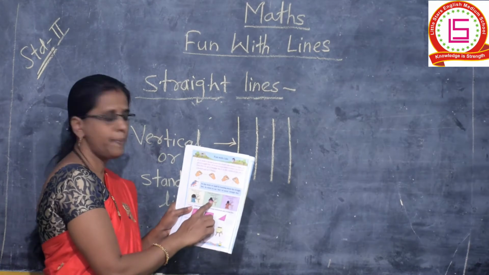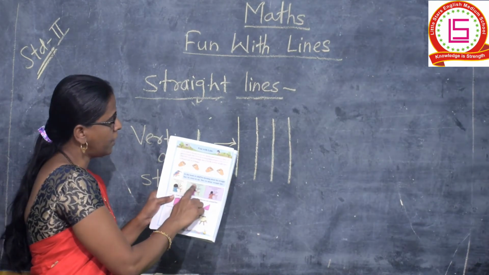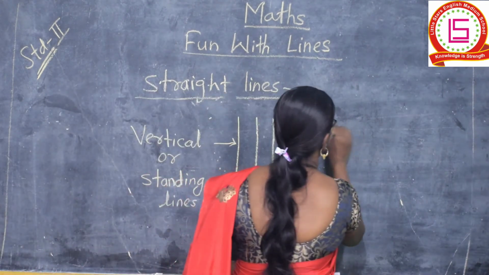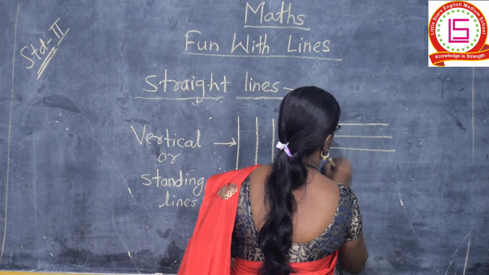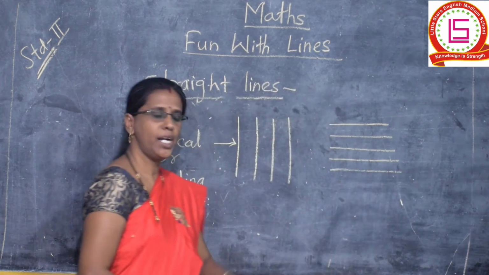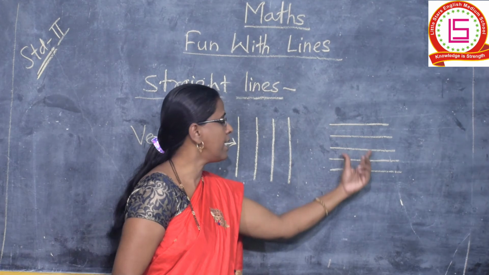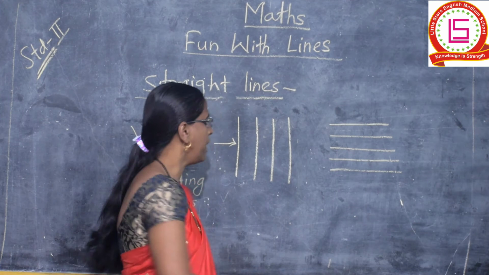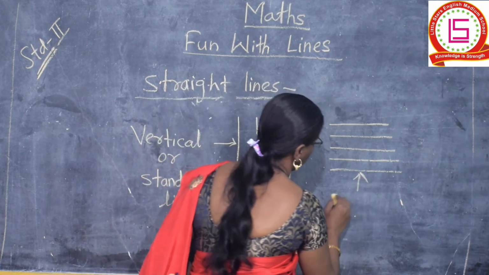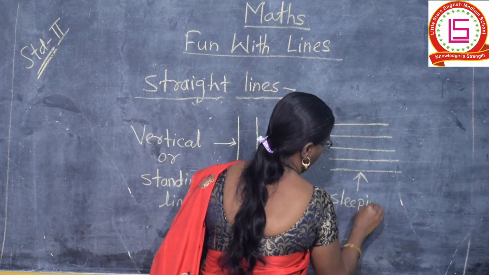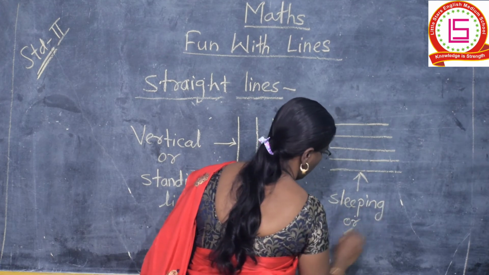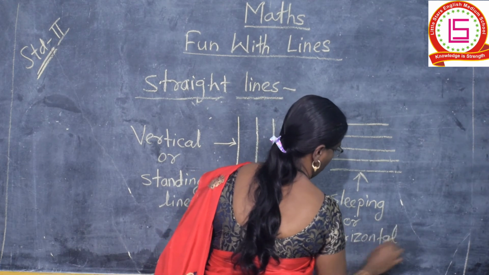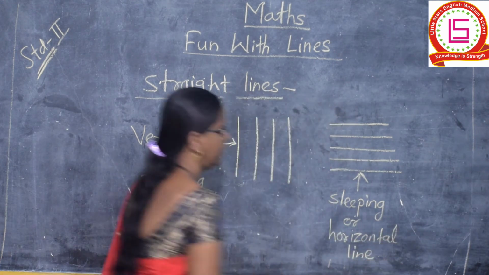Then see in the next picture, Anagha drew horizontal or sleeping lines. See here, Anagha drew lines like these, and these lines are called sleeping lines or horizontal lines.